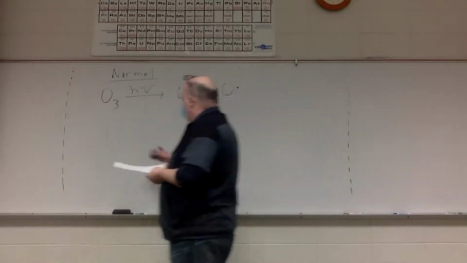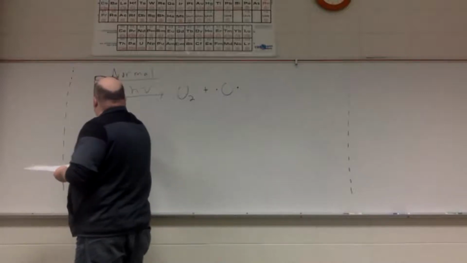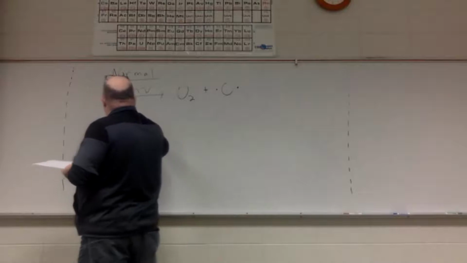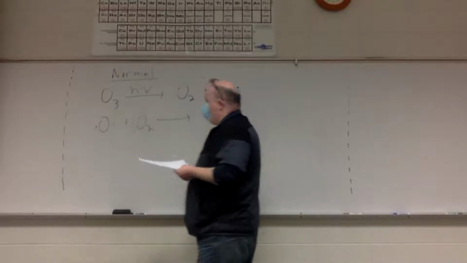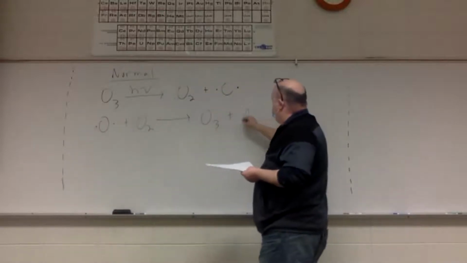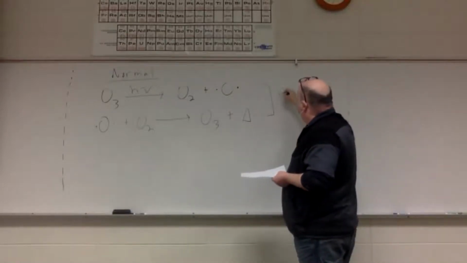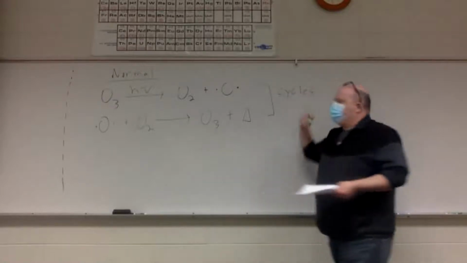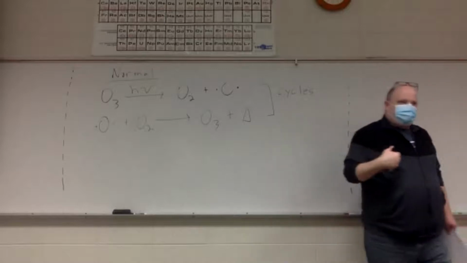However, that diradical that you just made and that oxygen, they can react immediately and reform ozone, plus they give off a little bit of heat. This is a cycle. This is the ozone cycle. So we constantly deplete ozone, but we constantly reform it. So that's good. Really good. Constant source of protection from these ultraviolet rays.